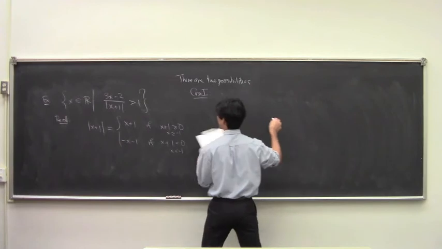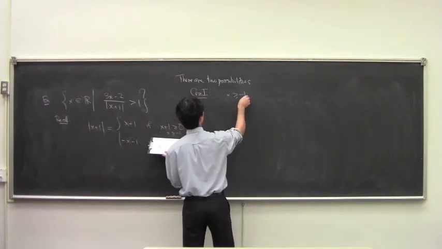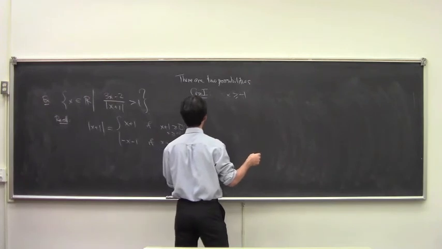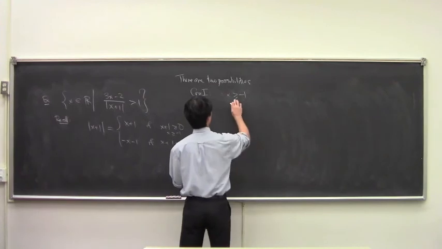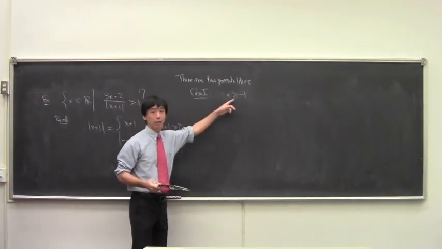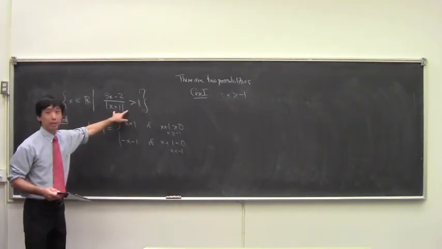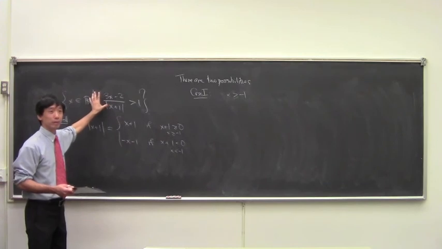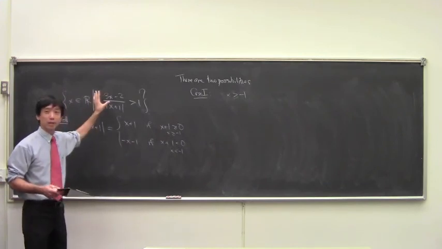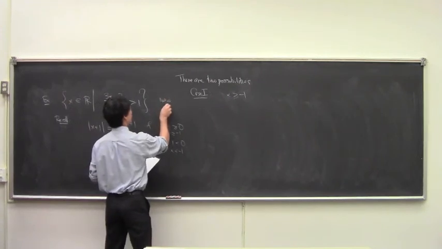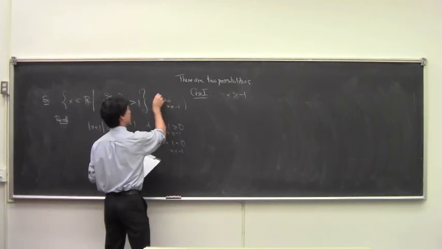Case 1, x is bigger than negative 1, because if x is equal to negative 1, we run into trouble. If x is equal to negative 1, this thing blows up anyway. So that's not an option. Notice x cannot be negative 1.